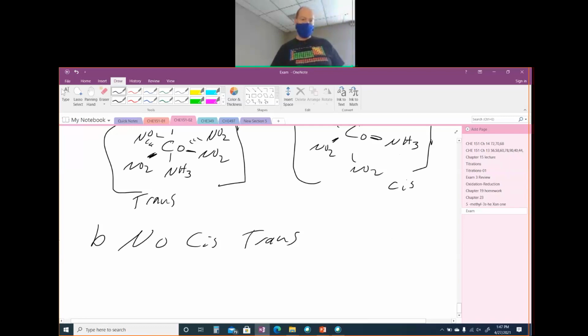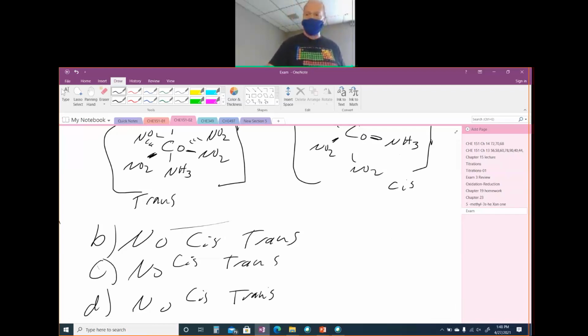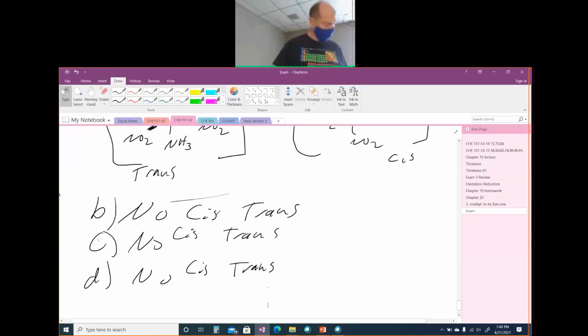Part C, all 6 of them are exactly the same, and so in part C, there are no cis trans. And then part D is again no cis trans. All right, so you have to have 2 of the same, well, doesn't have to be the same, but is going to be the same, that you can put 90 degrees apart or 180 degrees apart in order to get a cis-trans isomer.